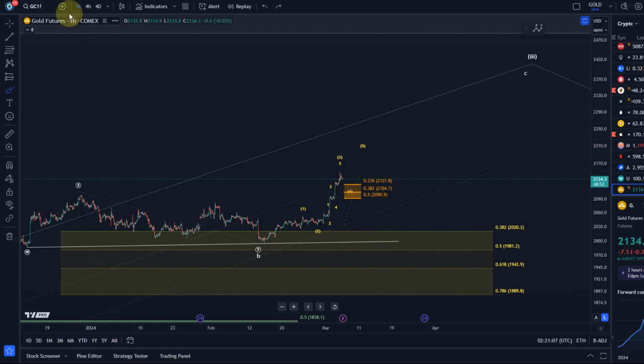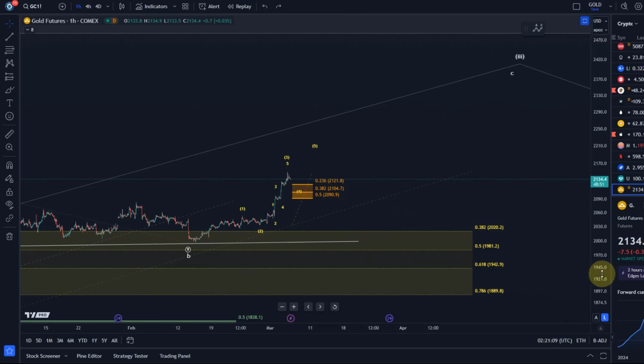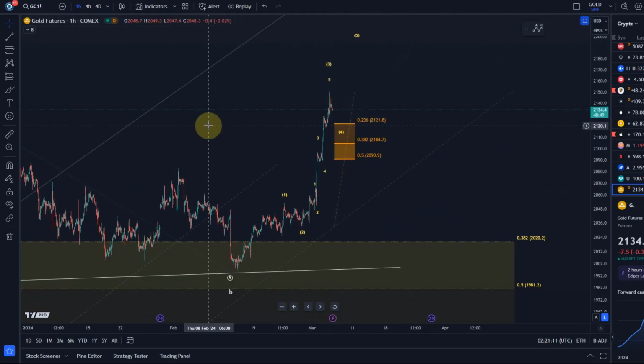I'm currently just watching here for the potential of a 5-wave move up. It would be the cleanest and clearest pattern. We have some clear support levels there. And let's see if the price finds support. Once we then have a wave 4 low in place, we can also calculate a target for wave 5.